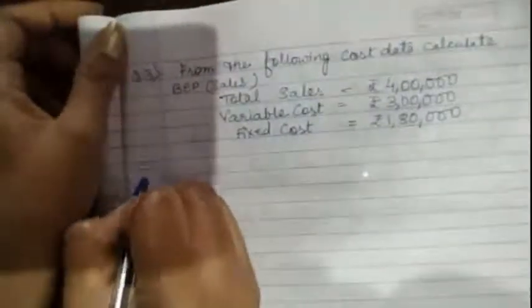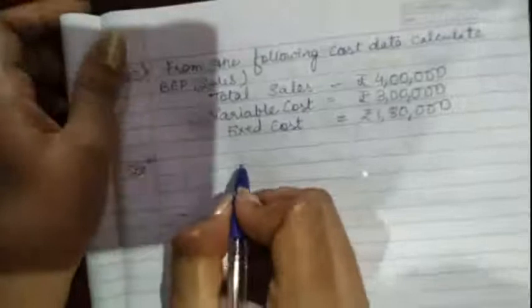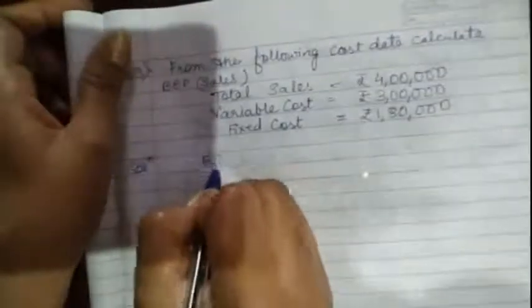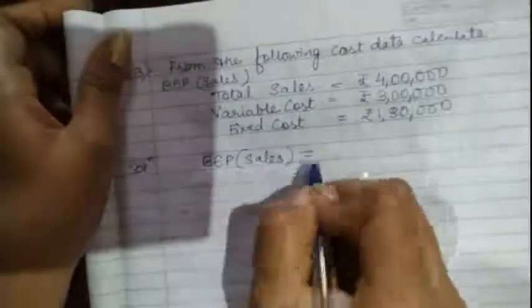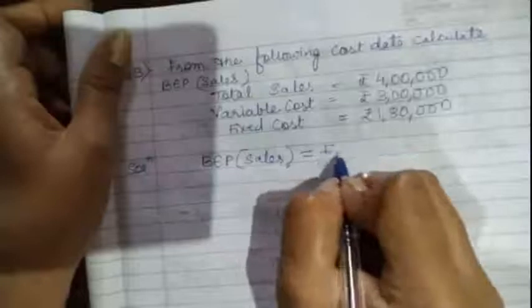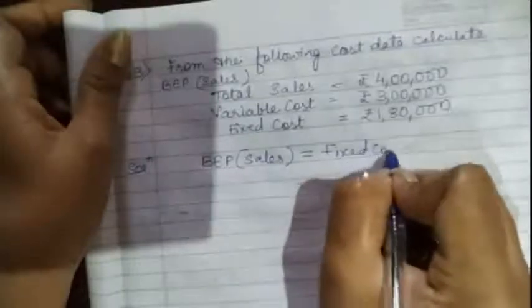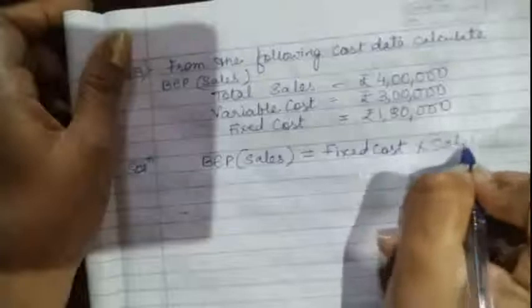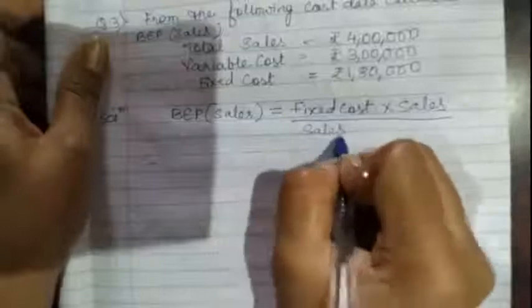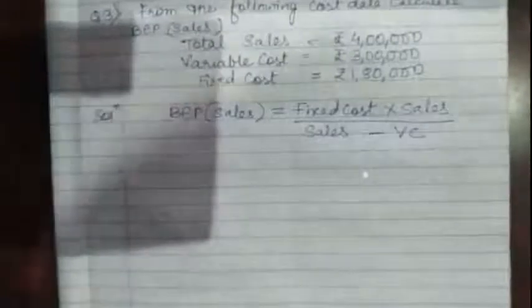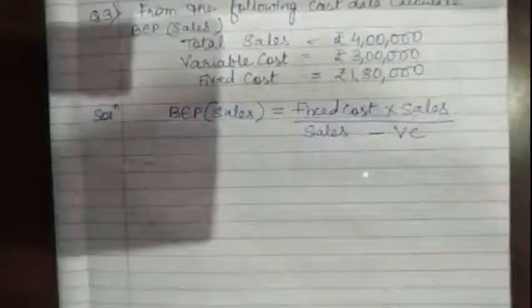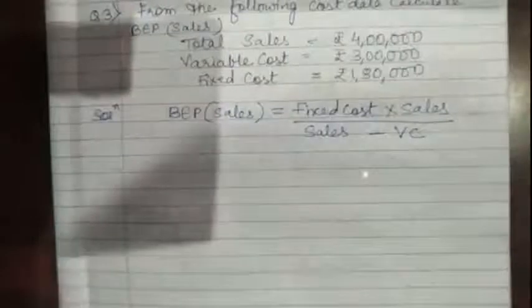As I told you, the first step is whatever you have to calculate, write down the formula of that. So break-even point in sales is equal to fixed cost into sales divided by sales minus variable cost. Now here we will apply this formula. We will not apply the formula of fixed cost divided by PV ratio.